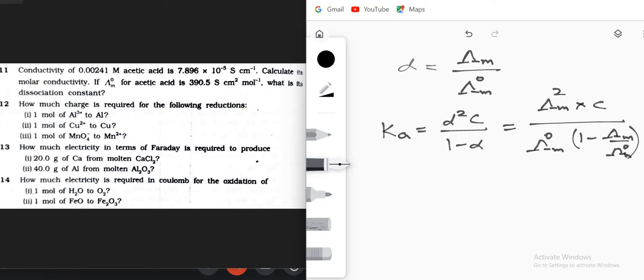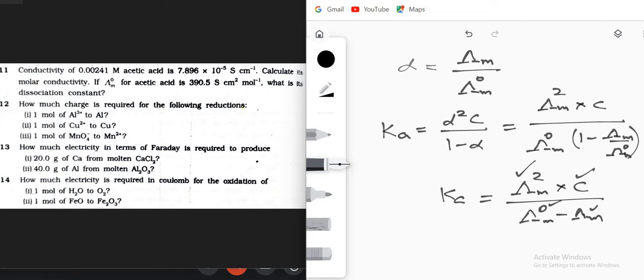If I take LCM and simplify this further, I'll get lambda m square into C over, if I cancel lambda m naught, lambda m naught minus lambda m. So by substituting the values, you can calculate Ka directly.